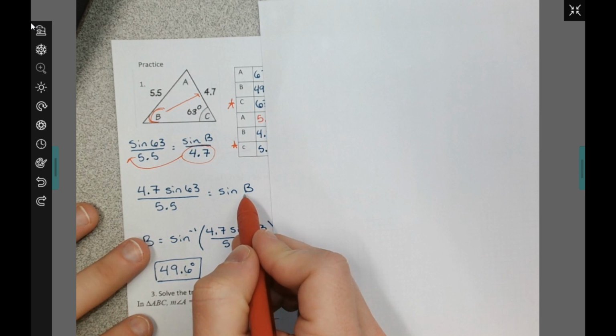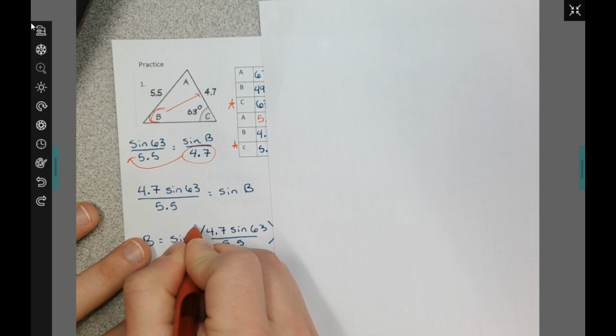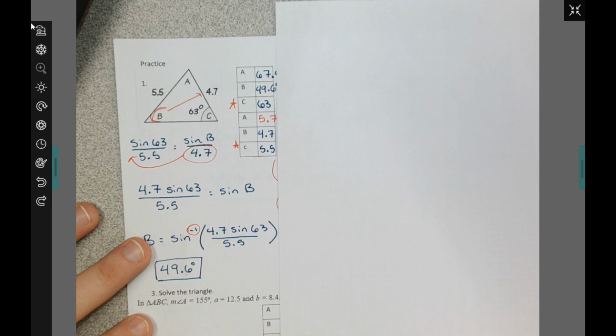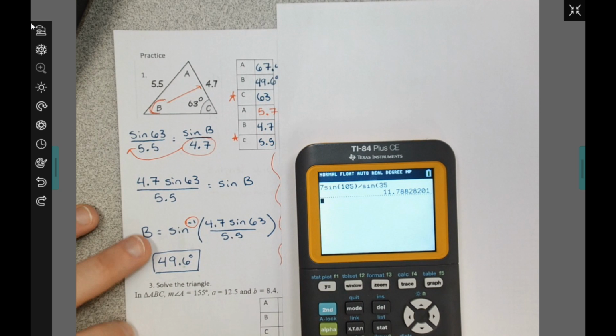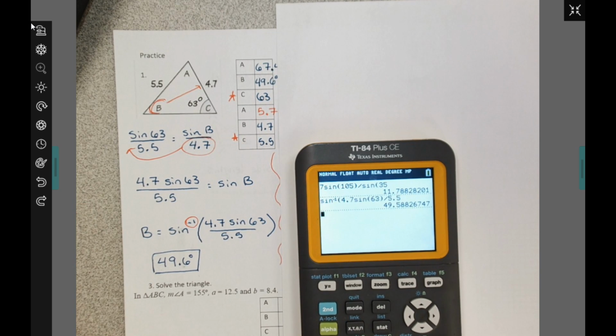So you remember, from a week or so ago, when we solve for an angle, you have to make sure you have the inverse, sine to the negative 1. On our calculator, I'm going to type in exactly how it's written right here. I'm going to go second sine, 4.7 sine 63, close the parentheses, and then divide by 5.5. And it gives me 49.6 degrees.